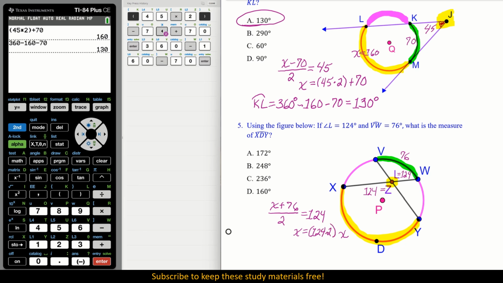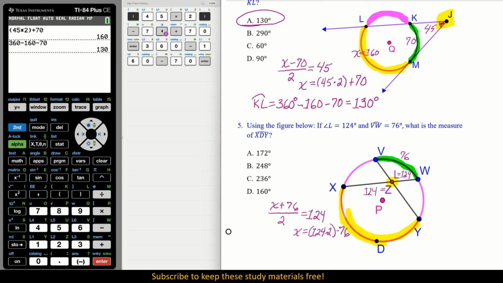Oh, I need to move my X. Let's put him somewhere else. Okay, that didn't help. Nothing I'm doing is helping. Okay. And then we subtract 76.